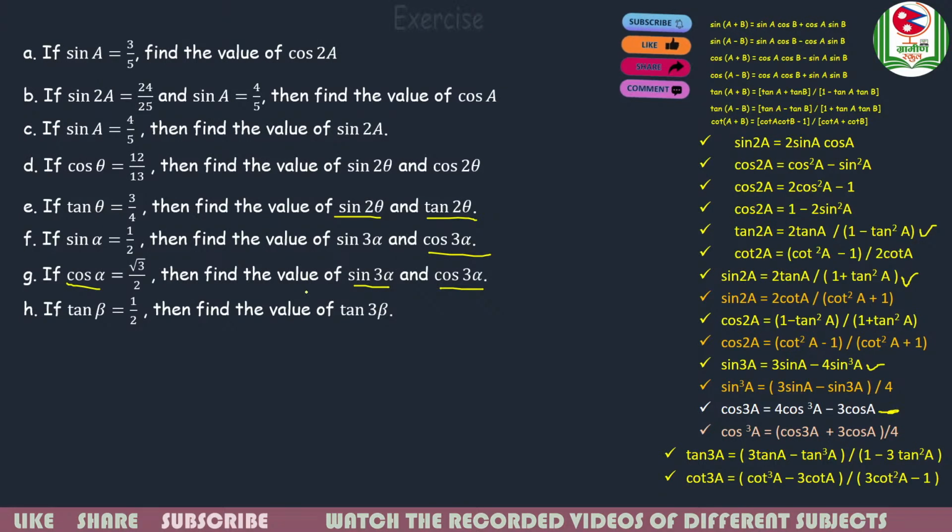Now in H you can see that tan beta equals 1 by 2, and we have to find out the value of tan 3 beta.